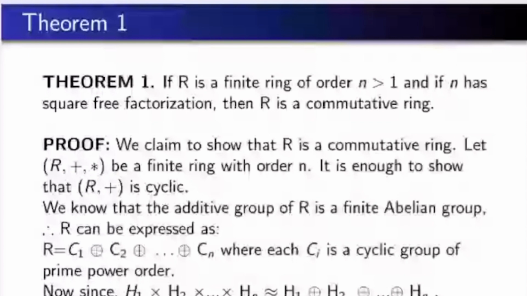Before going into that, can anyone tell me how we can classify integers on the basis of factorizing them? Let's say I'm giving you the integers 10 and 12. What are the prime factors of 10 and 12, and how can you differentiate between these integers?